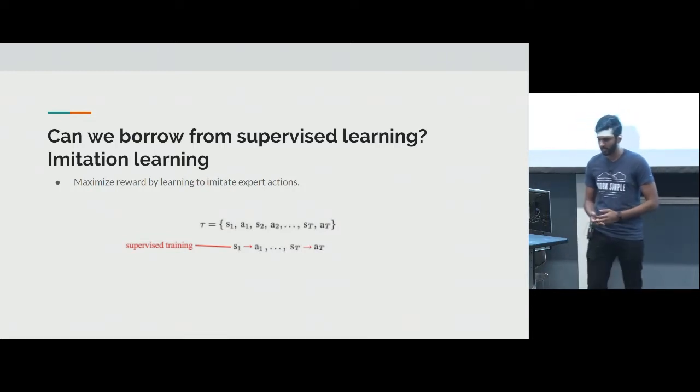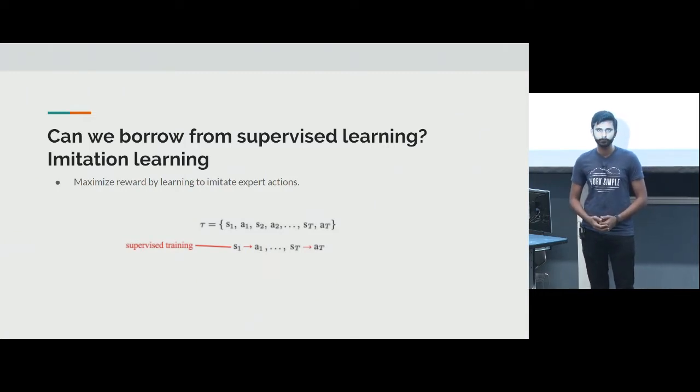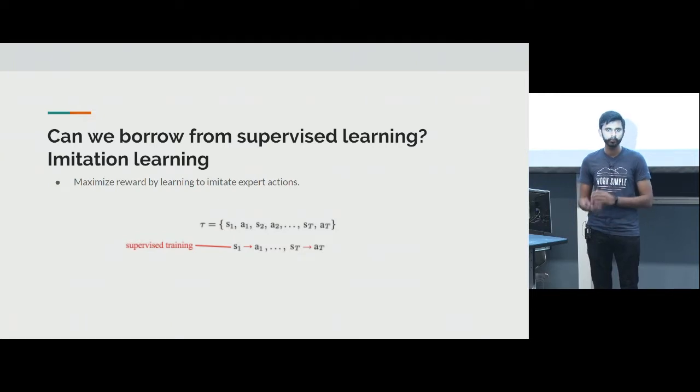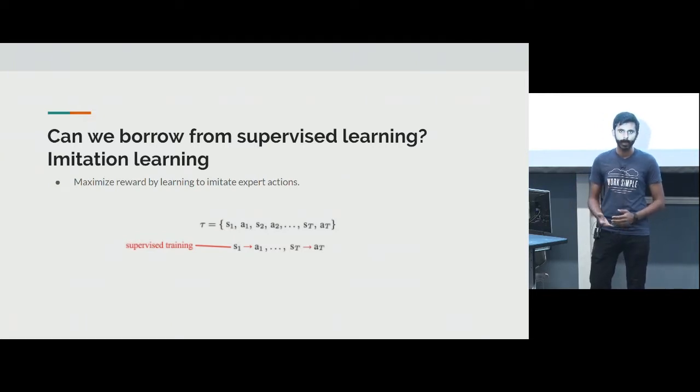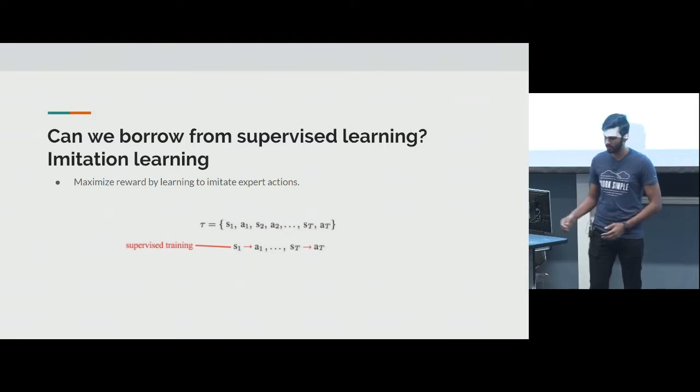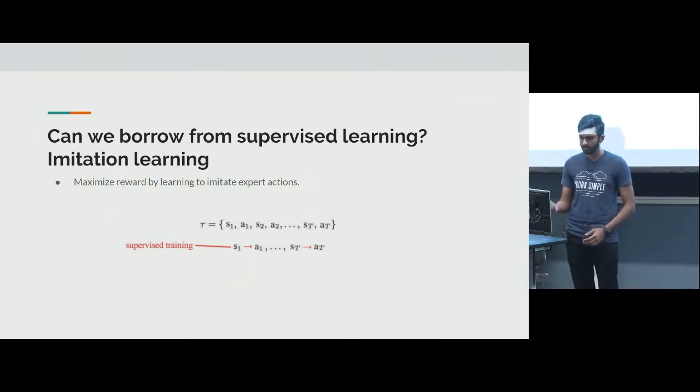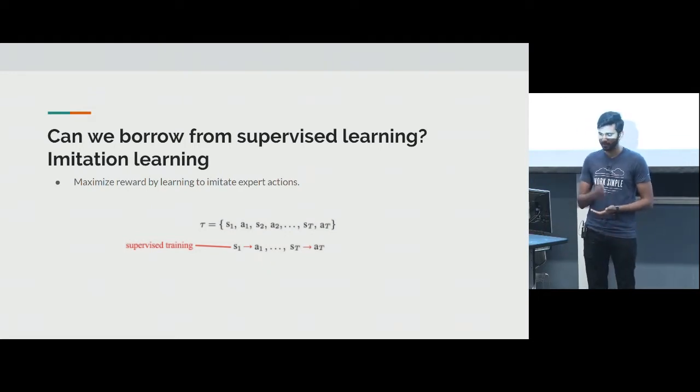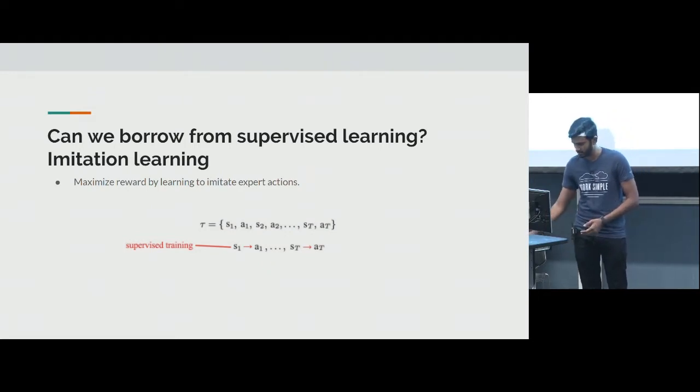That was the question posed, and the solution to that was imitation learning, where you can learn from expert behavior, where given certain states, you take particular actions, and that leads you to good states. That's what you see here in the supervised training data, where you have mappings from the input states to the output actions.